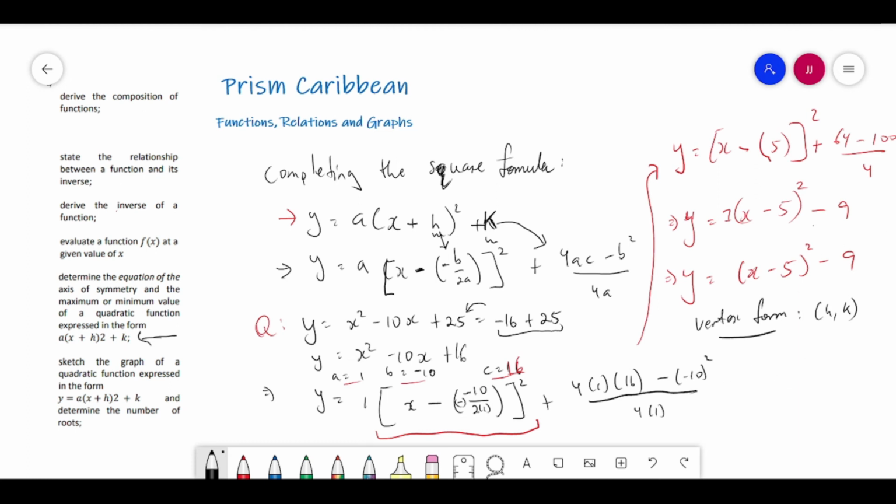So in this case it would have been the h, which would be 5, and k, which is negative 9, right? That's just something to note.